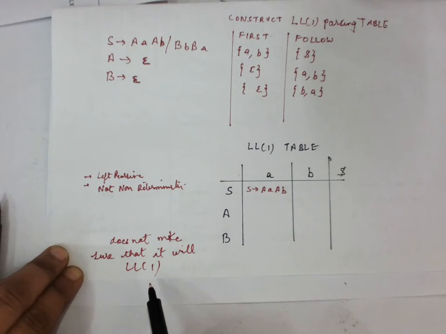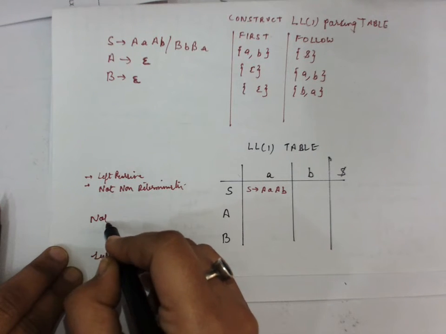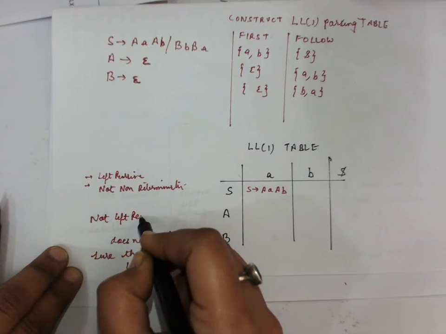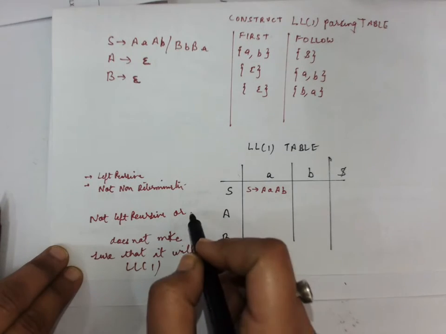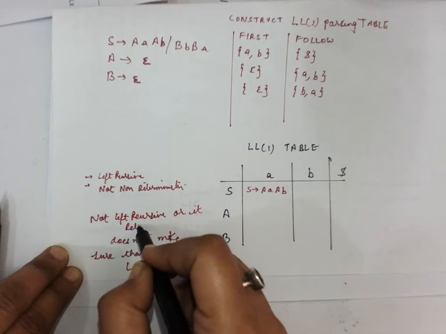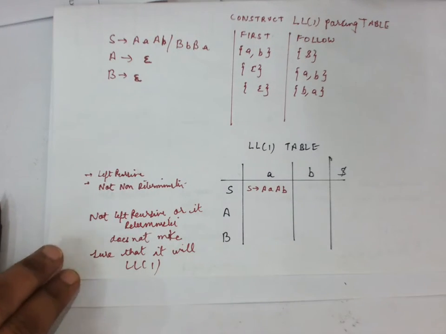So even if your grammar is not left recursive, or it is deterministic, then also it does not make sure that it will be LL1.